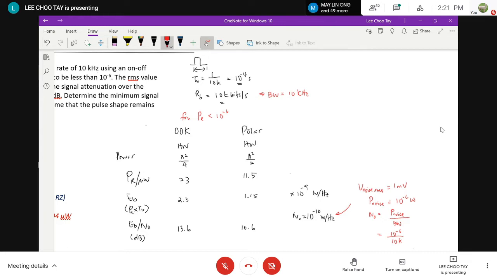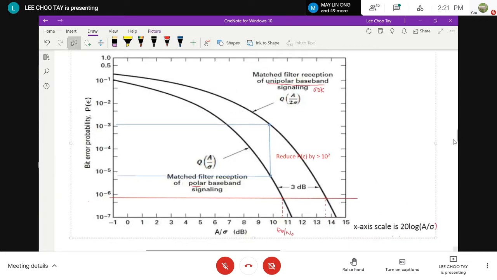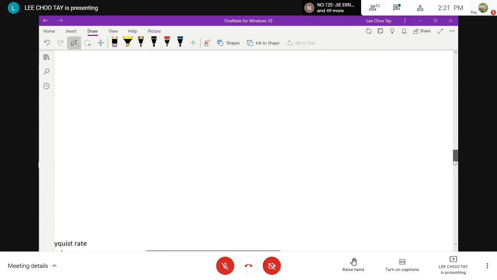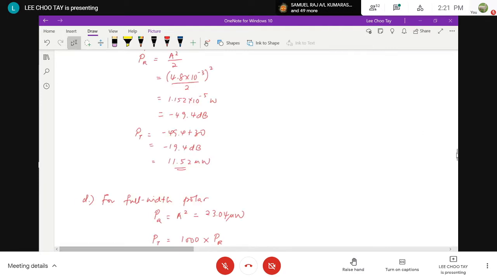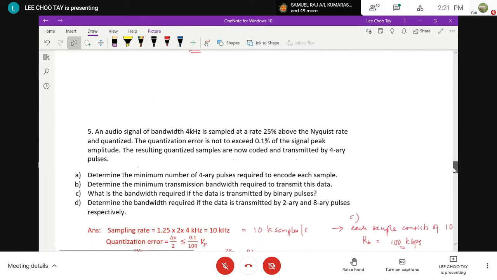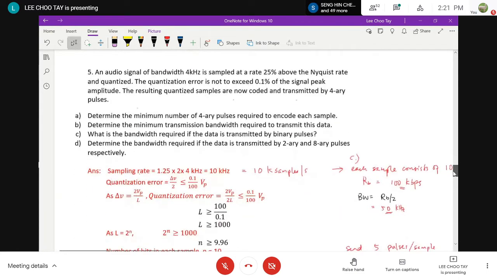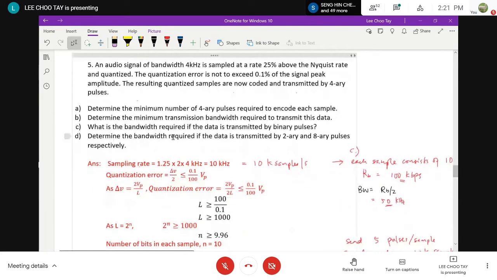Okay, so let's discuss the next question, which is this one here. In this question, we have an audio signal of bandwidth 4 kilohertz, sampled at the rate of 25% above Nyquist rate, and quantized.